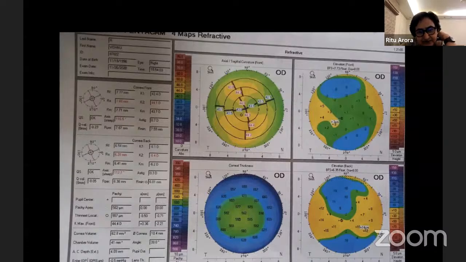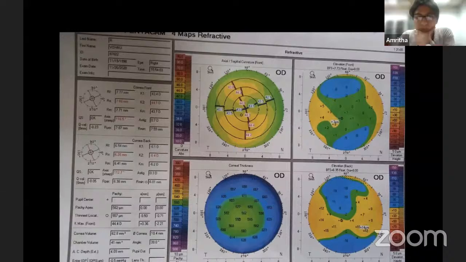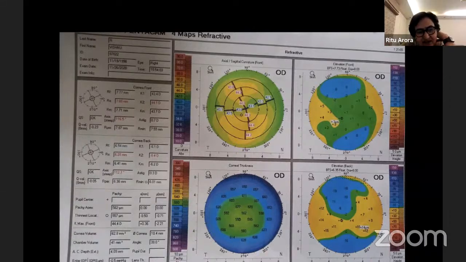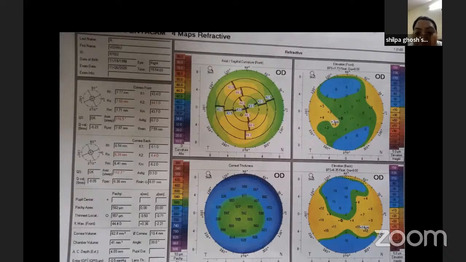And you will see in the sagittal curvature map, just below the center, towards 7 o'clock, there's a small circle. Can you see that? Yes, ma'am. Right? Any relevance of this? Anybody? The pupillary center? No, that's not the pupillary center.